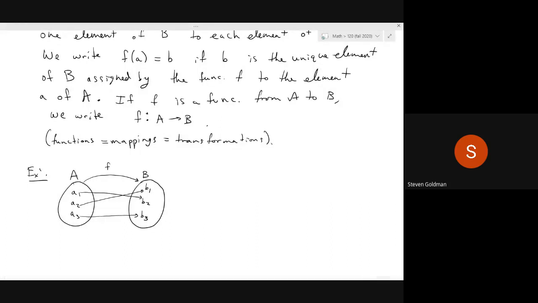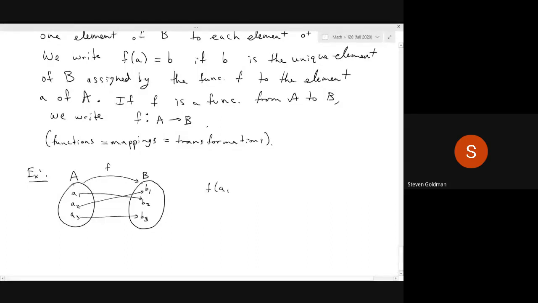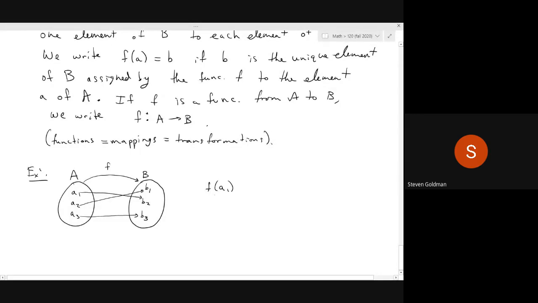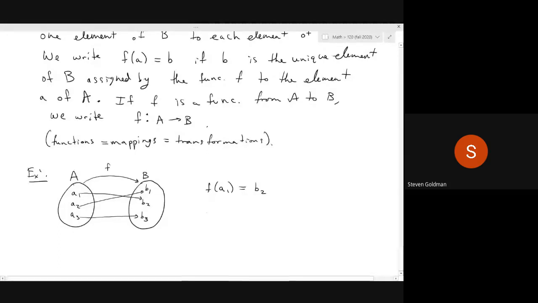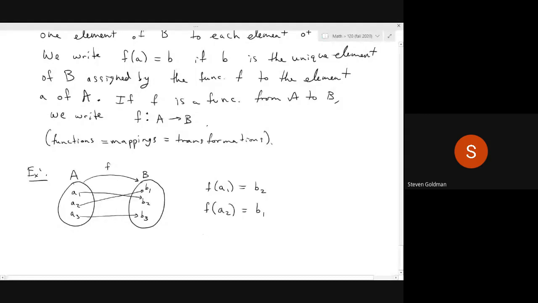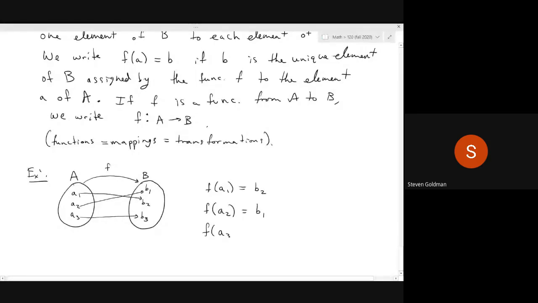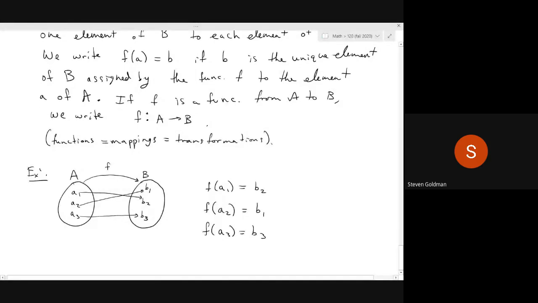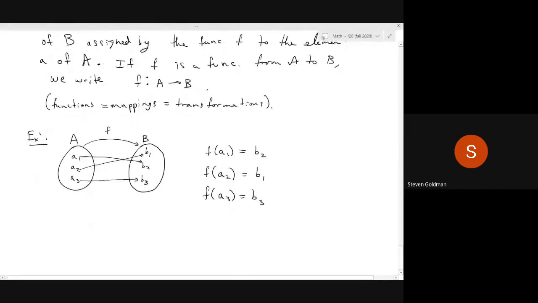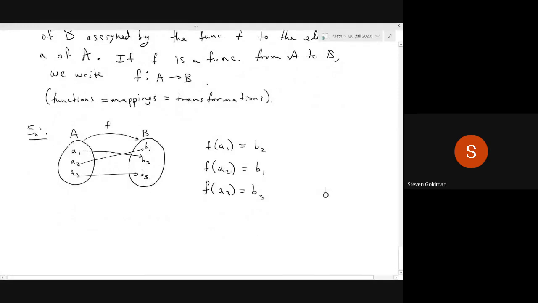So I could write this as follows. F of A1 means the element in B assigned to A1 by the function, which would be B2. F of A2 is equal to B1, and F of A3 is equal to B3. So this here would be an example of a function.